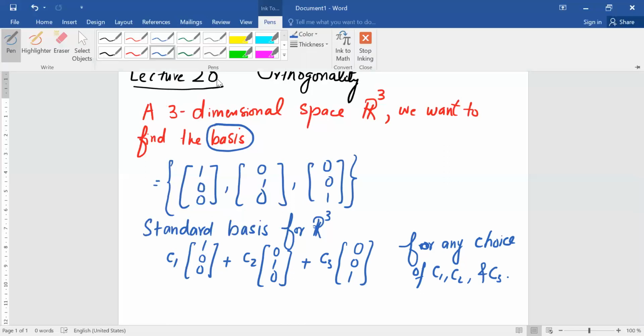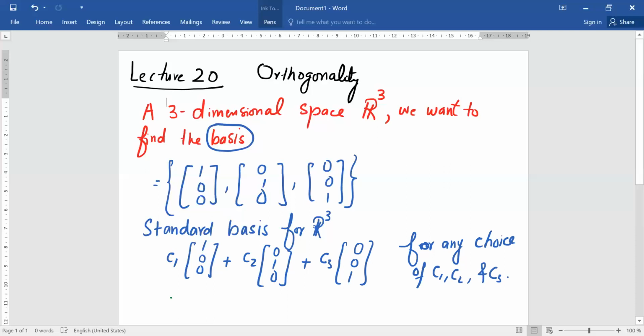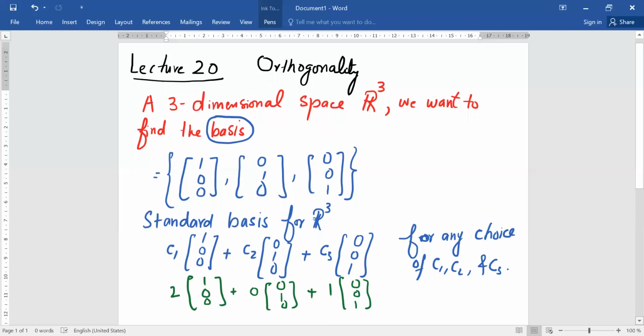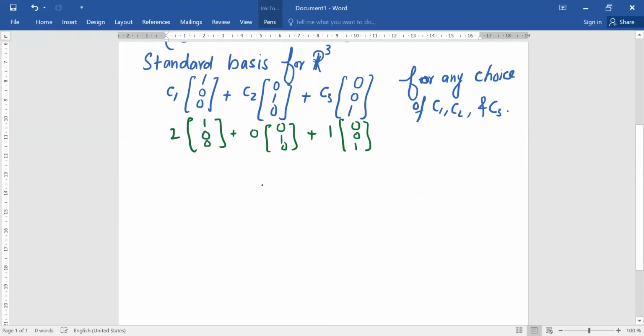Let's say I pick one particular combination. So let me go with this green color, and I pick here 2 times 1, 0, 0. Then I pick, let's say 0, times 0, 1, 0. Then I have, let's say 1, times 0, 0, 1. So my choice is 2, 0, 1 for C1, C2, C3.